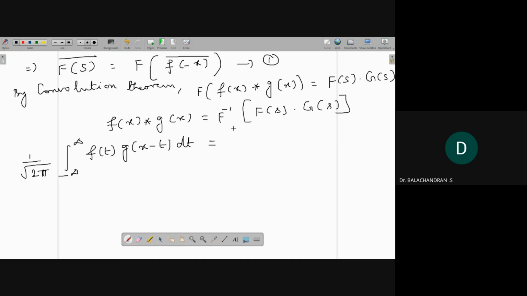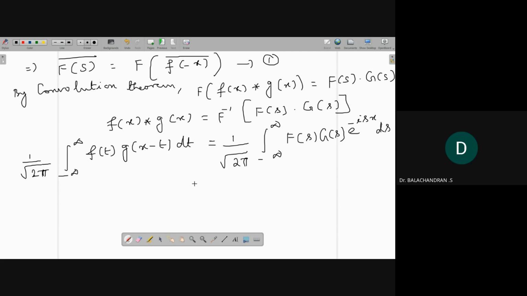Last class we discussed the inversion formula: 1 by root 2 pi, minus infinity plus infinity, f of s into g of s into e power minus isx into ds. Now 1 by root 2 pi gets cancelled.